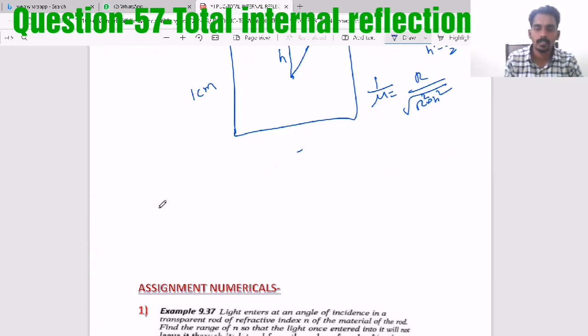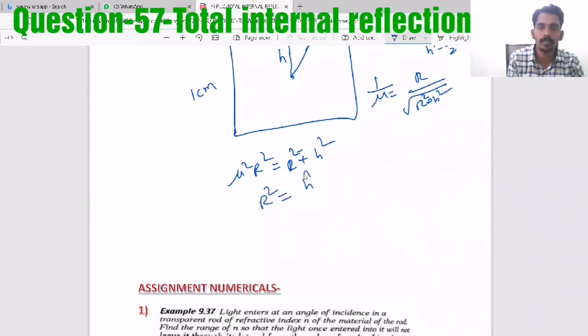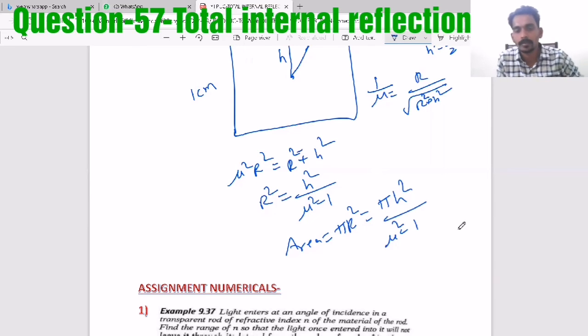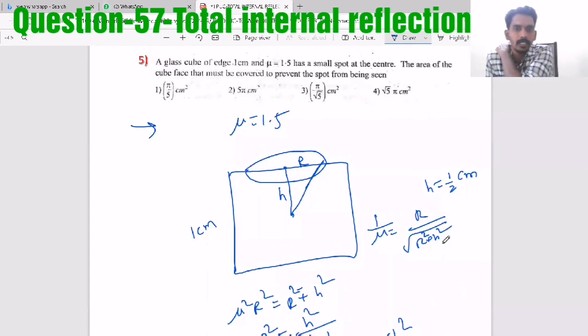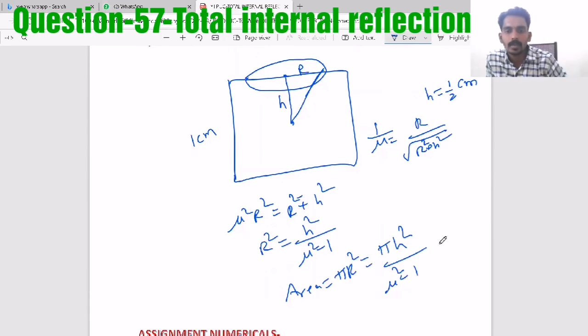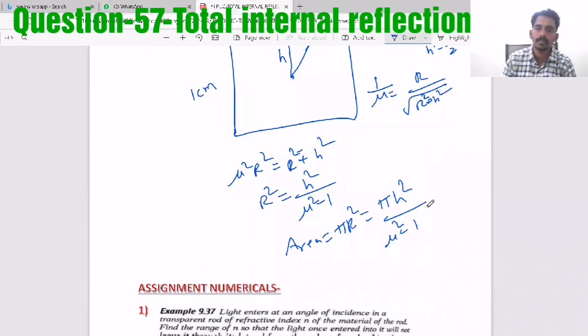What it will become is, just cross multiply it now, then mu square r square equal to r square plus h square, so that r square will become h square by mu square minus 1. Now they are asking area. Area means pi r square. So pi h square by mu square minus 1, where h value is half centimeter and mu value is 1.5 they have given. So if you substitute and calculate, then you will get the answer.